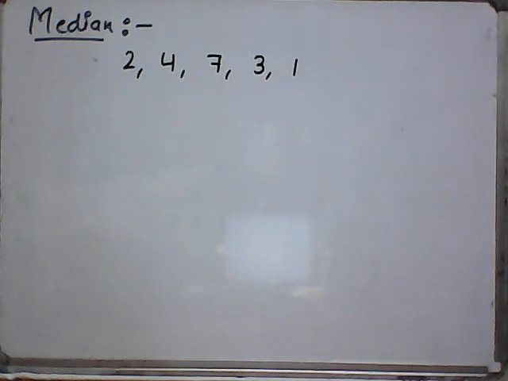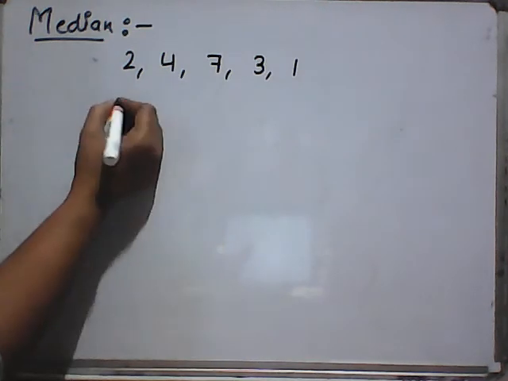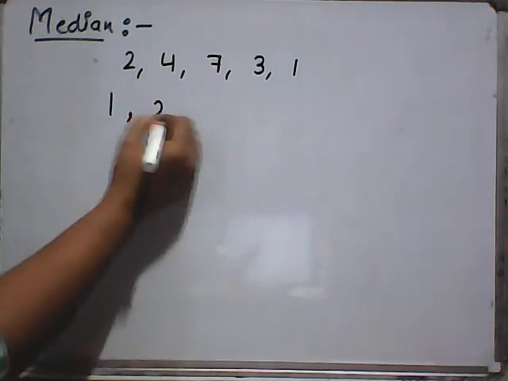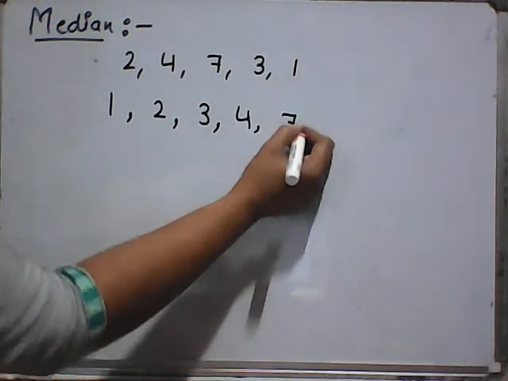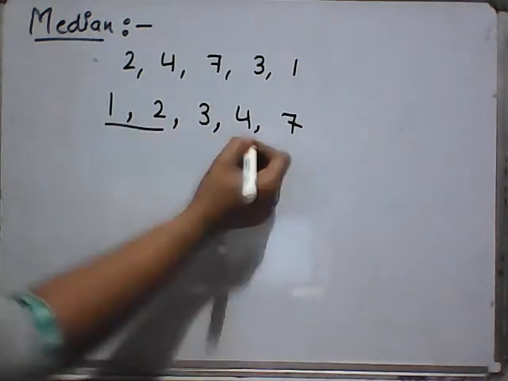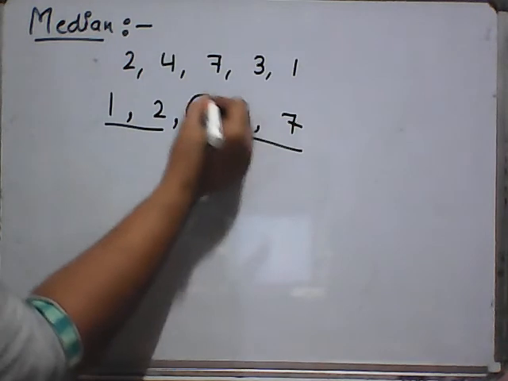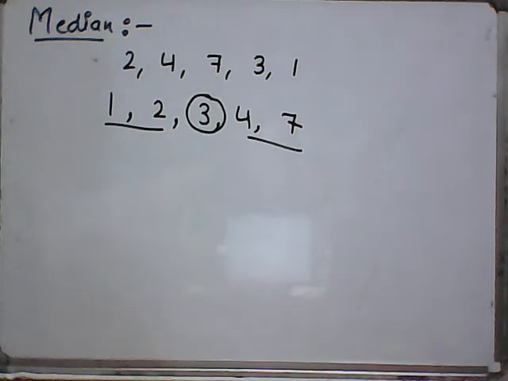Firstly, you have to arrange in ascending order: 1, 2, 3, 4, 7. Then what is the mid value? Here 3 is the mid value. So in this way 3 is the median of this data. But we can find out the median by using formula, if the number of observations is an even number or odd number.